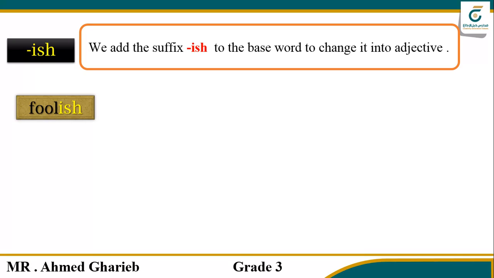So fool is a person who behaves in a silly way, and when we add ish, the suffix, it changes the noun fool into an adjective. So if I describe your action or your behavior with the adjective foolish, it means stupid or silly or unwise. For example, I was foolish to buy shoes for $500,000. Of course, it's foolish, stupid, unwise.